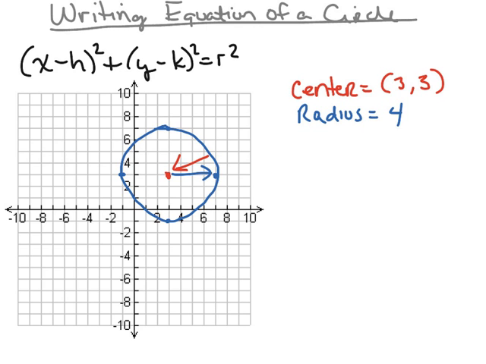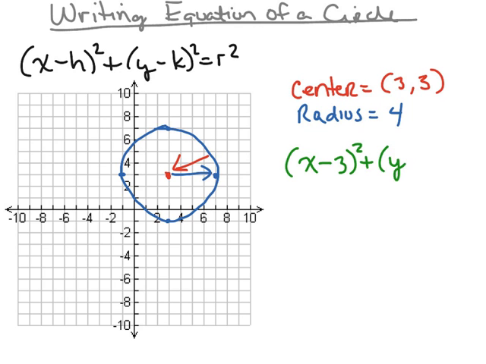Once I have the center and the radius of our circle, we can begin writing the equation. So here we go. We're going to start off with an x. Now keep in mind, since the center is (3, 3), when I write the equation we're going to have to use the opposite of these values. So we're going to start off with (x − 3)² plus, we're going to do the same thing over here.